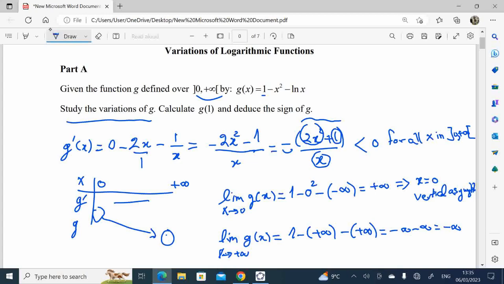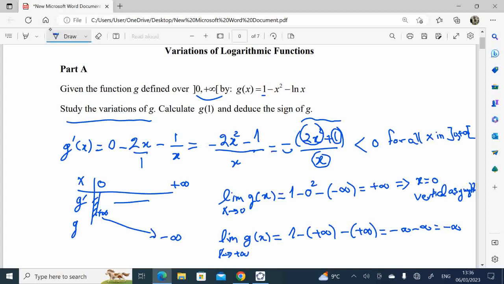So back to the table of variation, we know now that at 0 we have a vertical asymptote, so we should draw this shape here. So at 0 it's plus infinity, and at plus infinity it's minus infinity. So this is the variation of the function g.